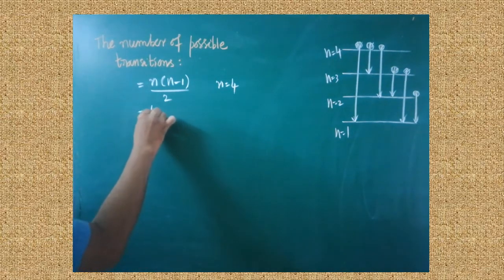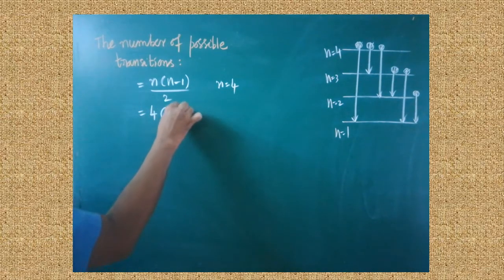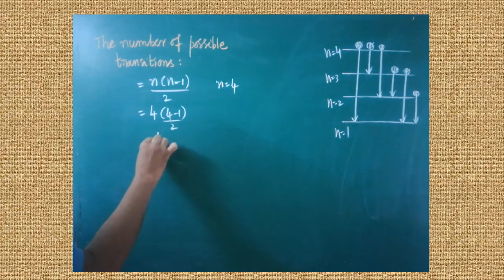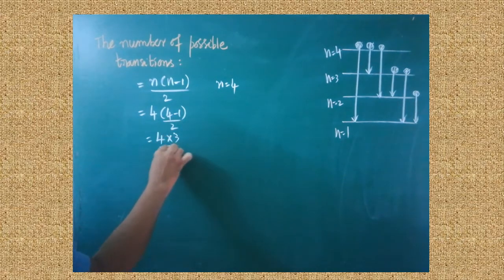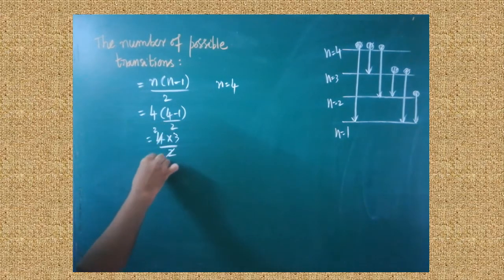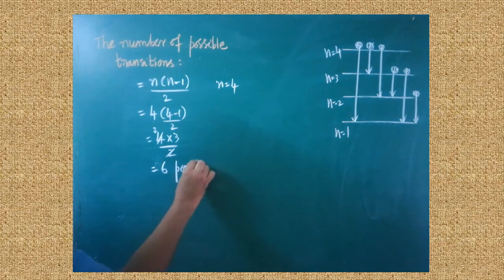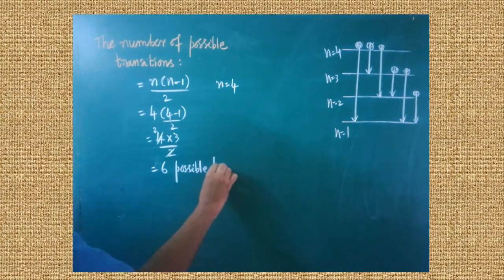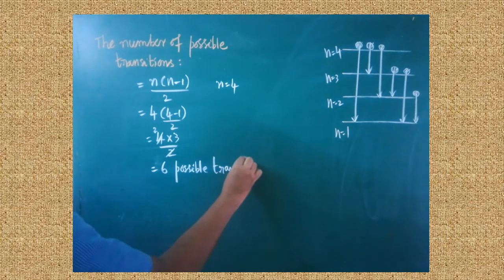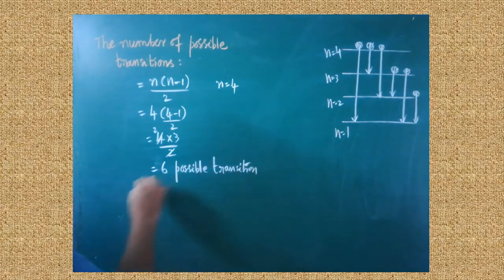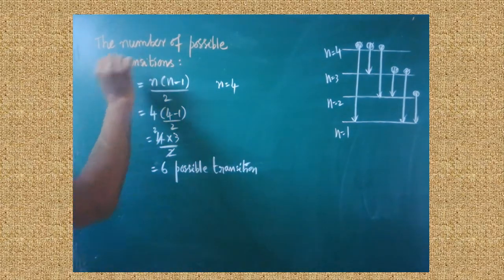Substitute: 4 into 4 minus 1 whole divided by 2, 4 into 3 divided by 2, you will get 6. Therefore, 6 possible transitions are there. So this is the final answer, proved with the help of the formula.